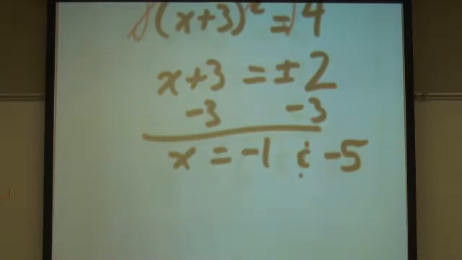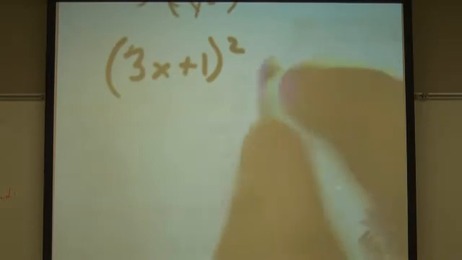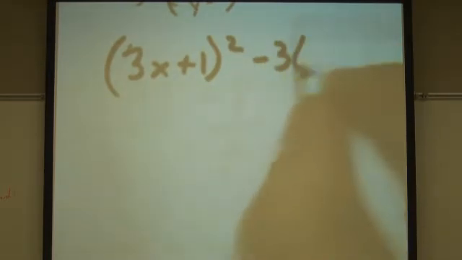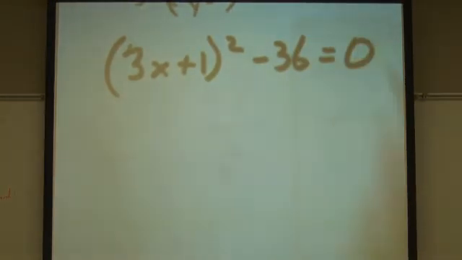Let's look at one more. Let's look at 21. So again, I'm going to use some of the white space here. Number 21 is (3x plus 1) in parentheses squared, and then outside of parentheses is negative 36 equals 0.